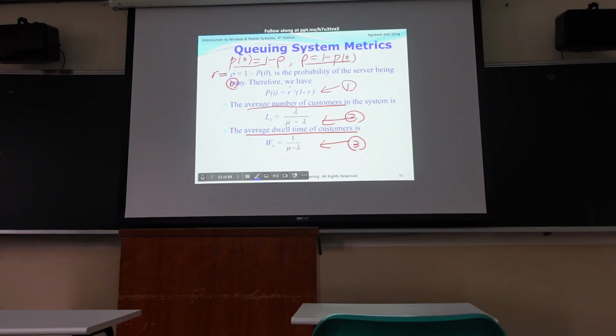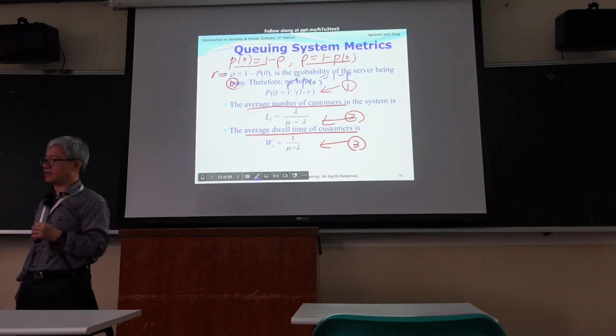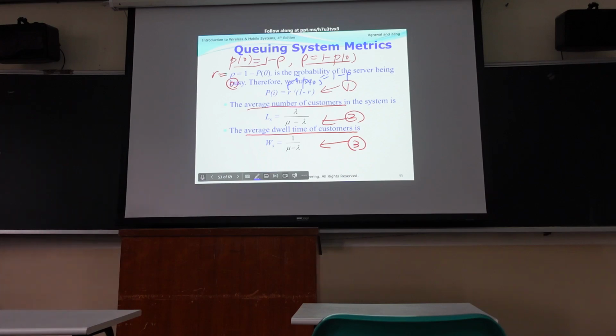Yes, this one. Rho I and P of 0. P of 0 equal to 1 minus rho. So right now we reach the first equation, from the zeroth equation to the first equation. Up to now, is it okay?